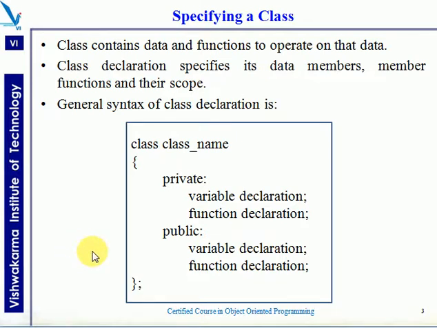The object cannot directly access the member variables and functions declared in private section, but it can access the data member variables and the functions declared in the public section.